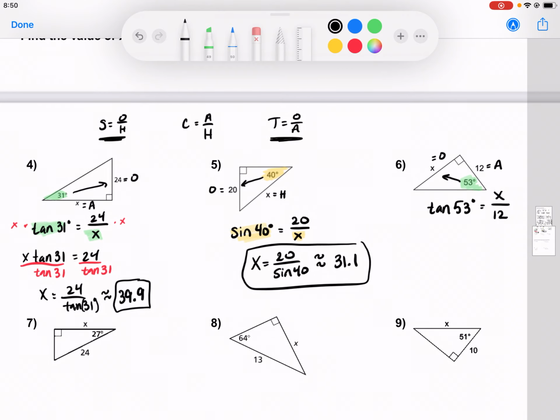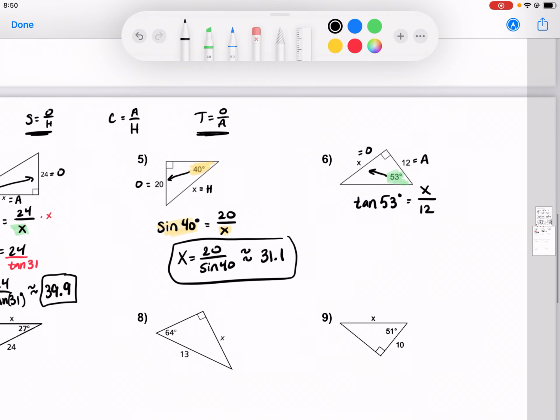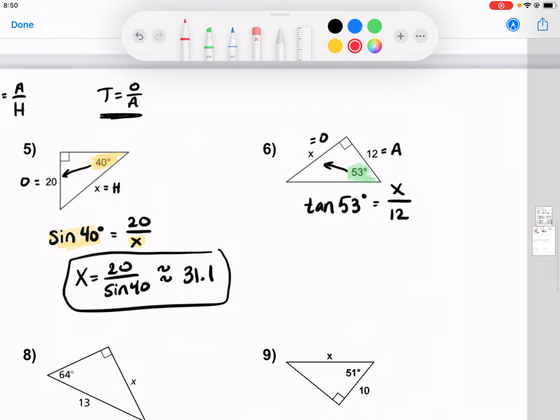Now in the other cases, the x was on the bottom, and that's where you do the little swap. If x is on top, just multiply both sides by the 12, or whatever's in the denominator, and that will give you x. So x is 12 times tangent of 53 degrees, and then you'll just type that into your calculator. There should be a tan button, a sine, cosine, tangent button, written just like it says. So this is approximately 15.9.